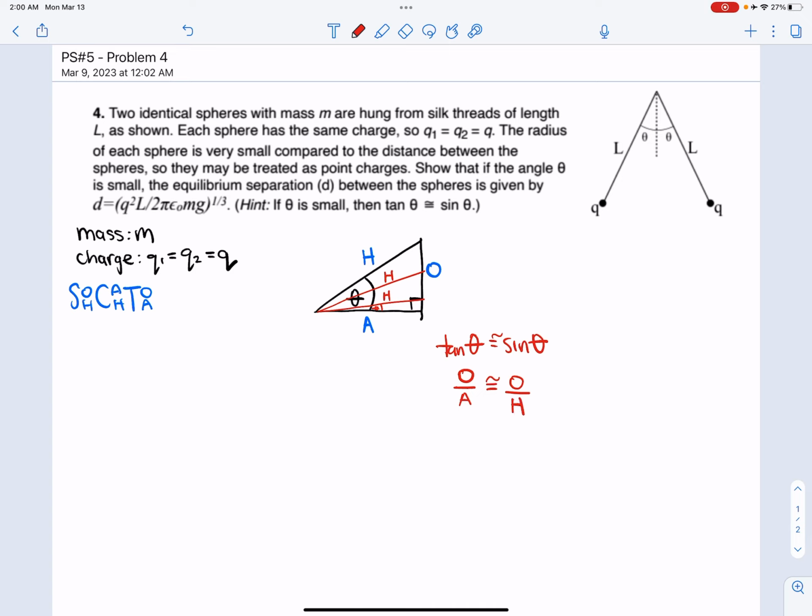Because as theta gets smaller, H becomes almost the same length as A. So that's all that hint is saying. So let's go back to the problem.